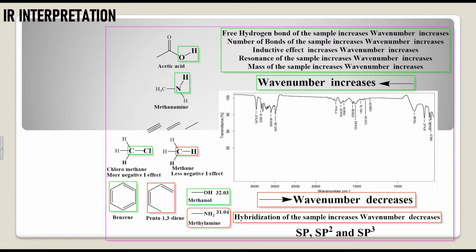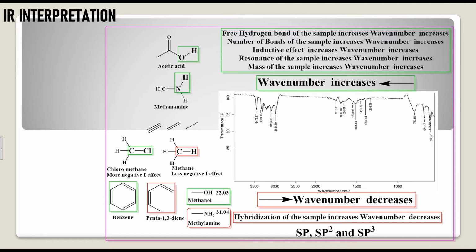Finally, hybridization: sp hybridization, sp2 hybridization and sp3 hybridization. In such a way, sp has a higher wave number when compared to sp2, and sp2 is higher when compared to sp3. This is the order, and this is the influence the factors have on the IR absorption.